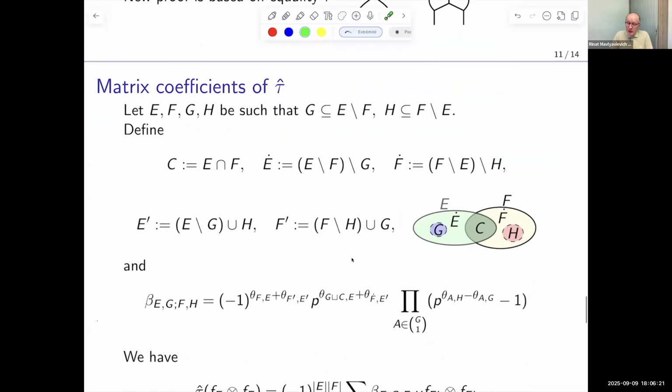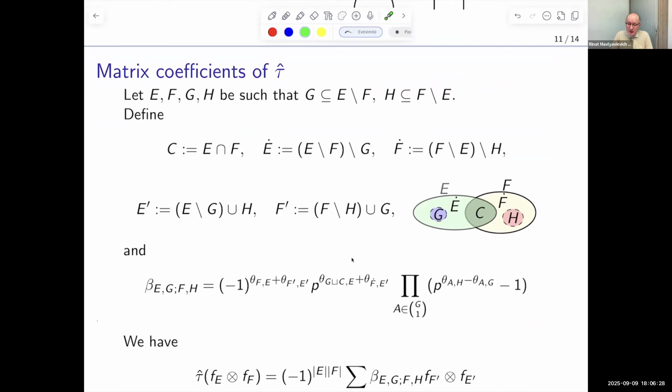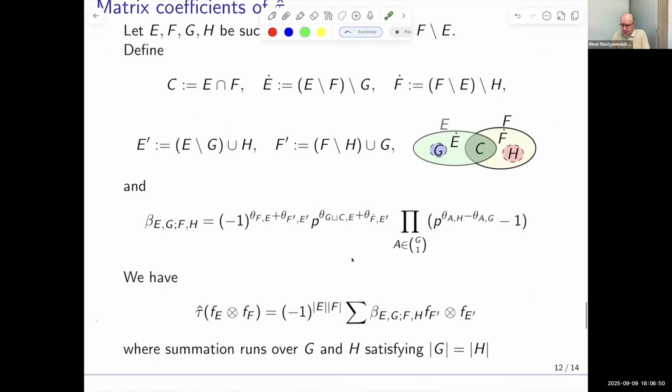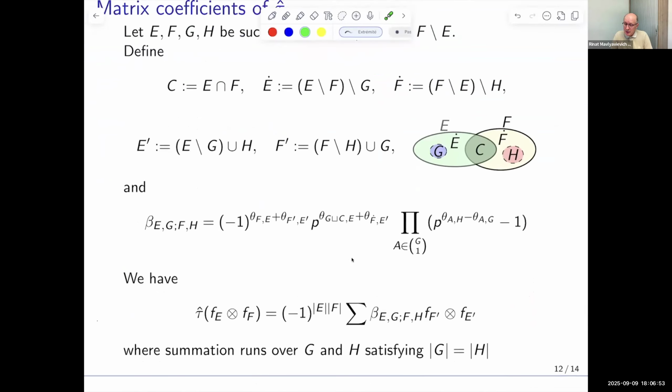And now we can do more. We can calculate the matrix coefficients of this braiding on the exterior algebra. So if we have four sets such that G is a subset of the complement of F in E, and likewise for H, and some other intersections, which are represented in this Venn diagram.